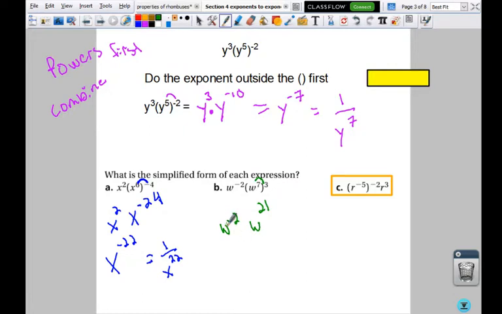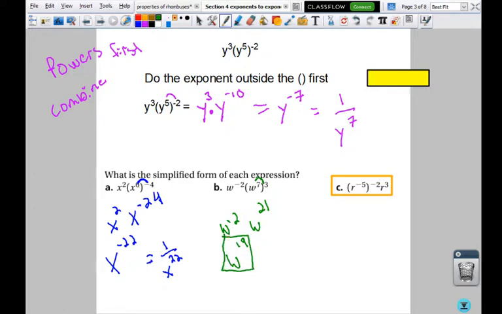And then Kinsey, what am I going to do now that I did power to the power? You add them. What do we get after we add? 19. W to the 19. Would it be negative 19? No, because it's negative 2 and positive 21. So this one is my final answer here. No negative, so I don't need to flip it.